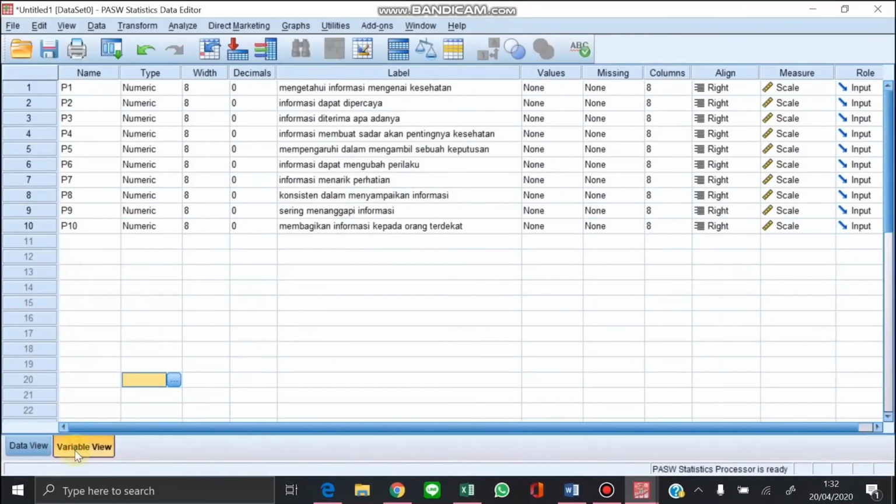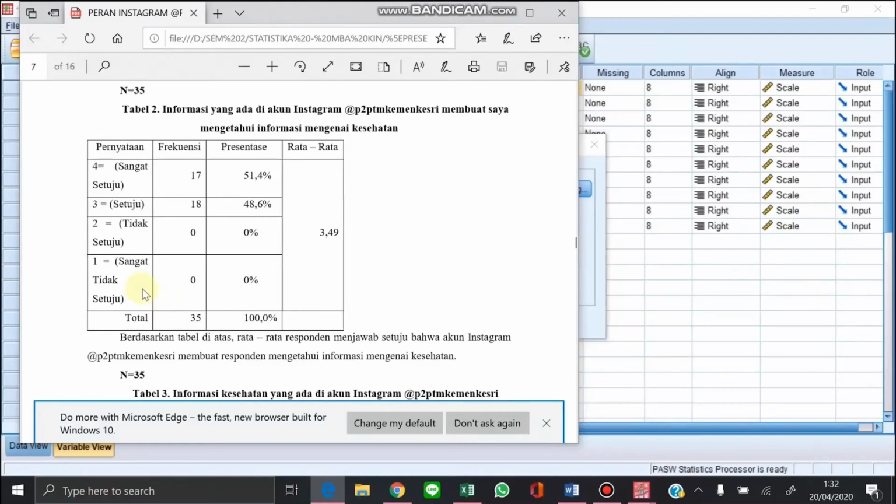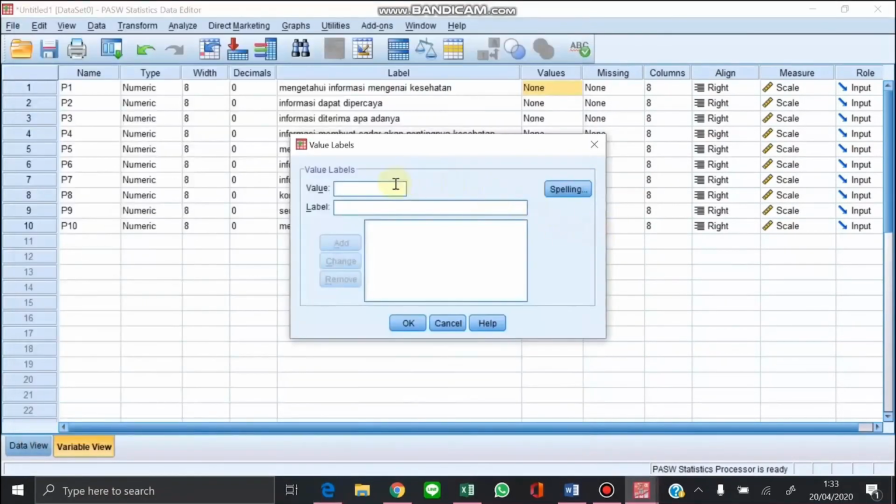First, we put the meaning of the respondents' answers in Value. For example, 4 means strongly agree. Put the 4 in Value, then put Strongly Agree in Label.